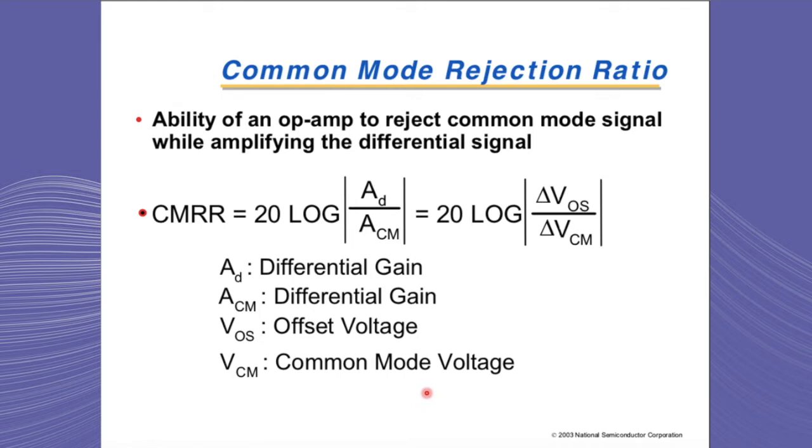CMRR is usually expressed in dB, and the two equations that we have are two different ways to calculate common mode rejection ratio: 20 log of the ratio of differential gain to common mode gain, or 20 log of the ratio of the change in offset voltage to the change in the common mode voltage.